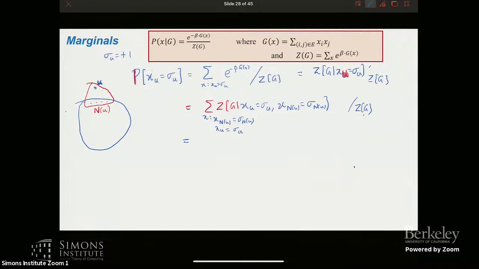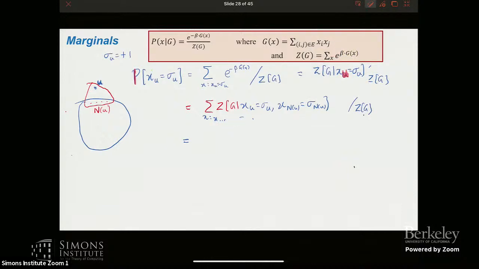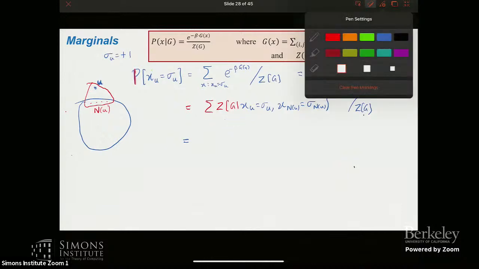Now if I condition on the entire neighborhood, then I can take out the contribution of the neighborhood to the Hamiltonian, to the g of x. I'm going to write. It's not over x, it's over all the sigma N of u, over 2 to the d assignments of the neighborhood. Thanks.